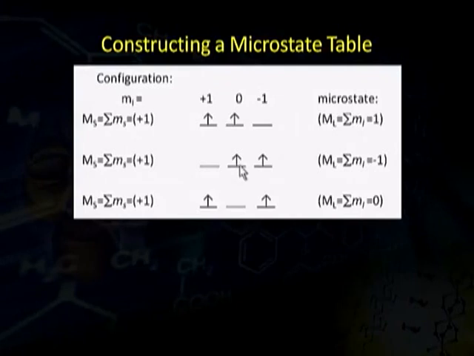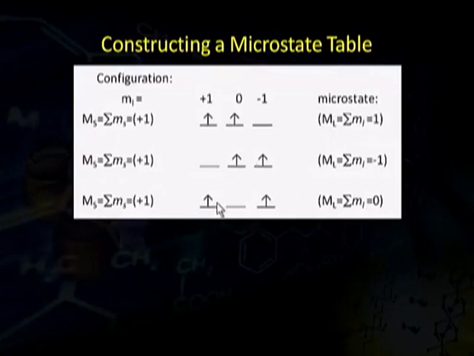For the second configuration, if the two electrons are arranged in py and pz orbitals, the Ml value is -1 and the Ms is +1, which comes from plus half and plus half for both electrons.